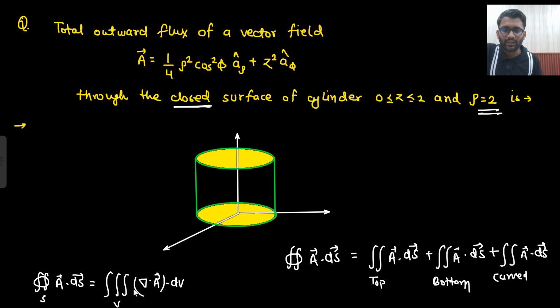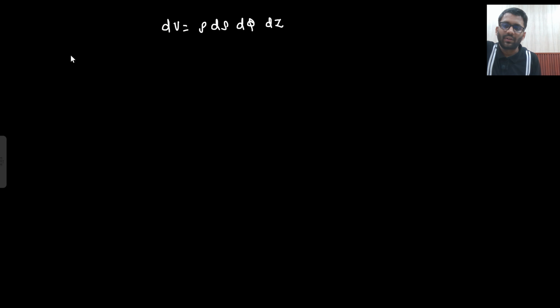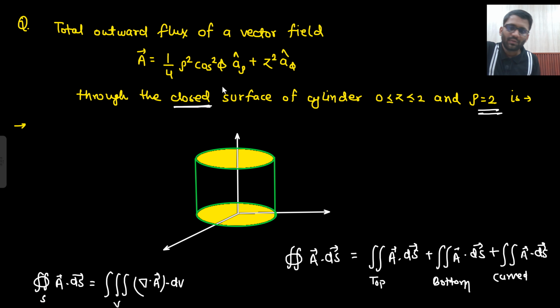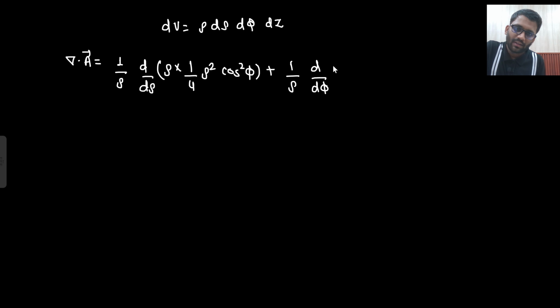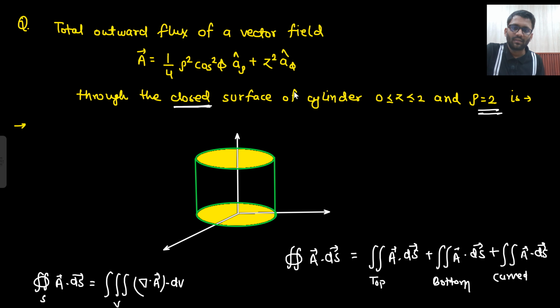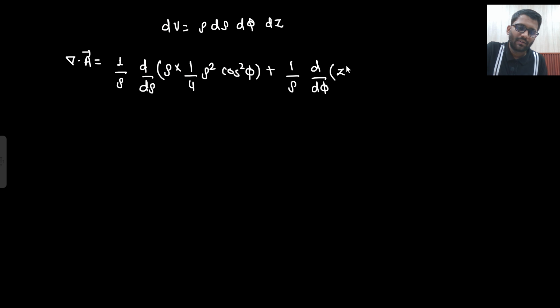And what else do I need to calculate? I need to calculate del dot A for the cylindrical system. That is 1 by rho d by d rho of rho times 1 by 4 rho square cos square phi, plus 1 by rho d by d phi of the phi component, which is z square, and the z term is not even there.